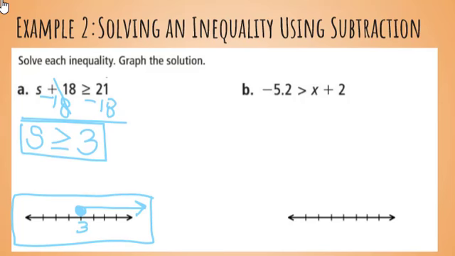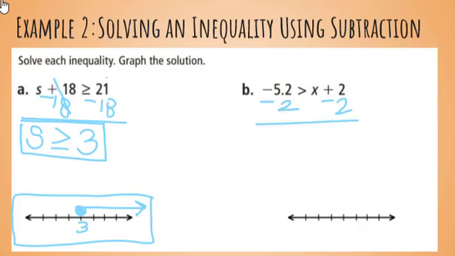For the next problem, we have negative 5.2 is greater than x plus 2. This time we're solving for this x over here. We have to do the opposite operation of this plus 2, which is going to be minus 2. So we're going to subtract 2 from both sides.